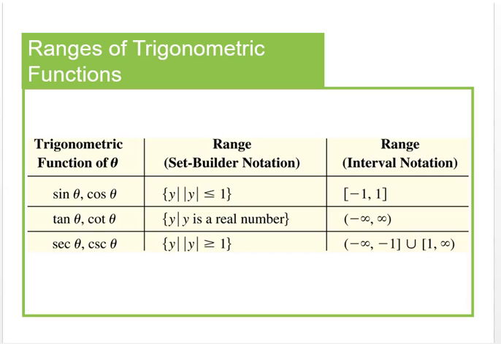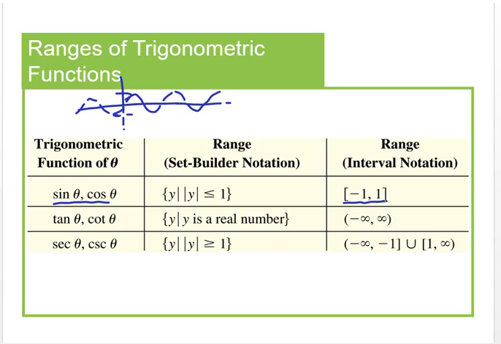So sine and cosine, if we were to look at it graphically, both have a similar pattern. It's an oscillating pattern that goes like that. And it oscillates between 1 and -1. So that's why the range for sine and cosine is -1 to 1.